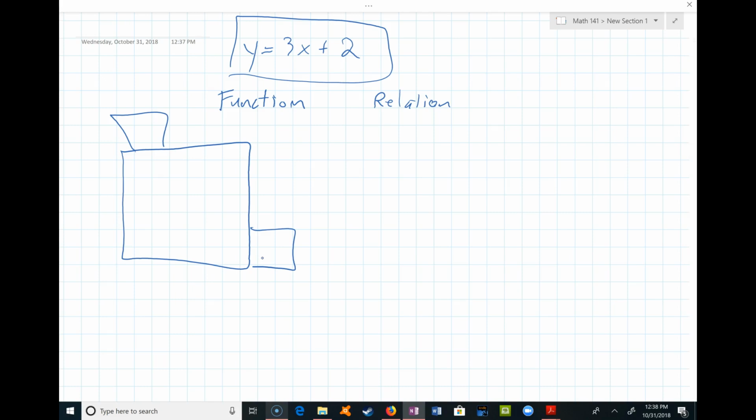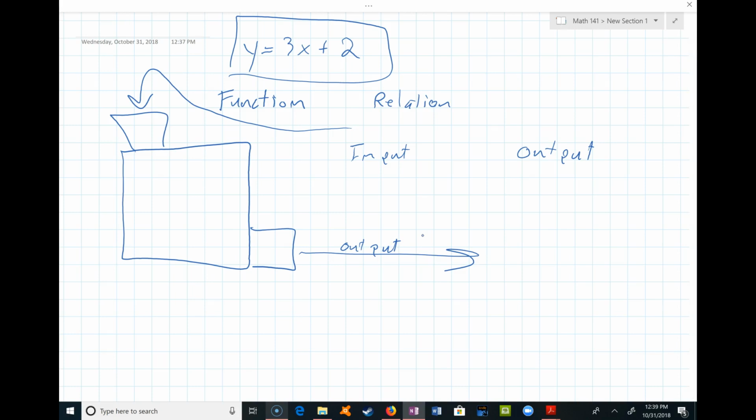So every function is going to have an input and an output. The input goes in there, and the output comes out here. And that's why we say it's a relation between two sets of numbers.